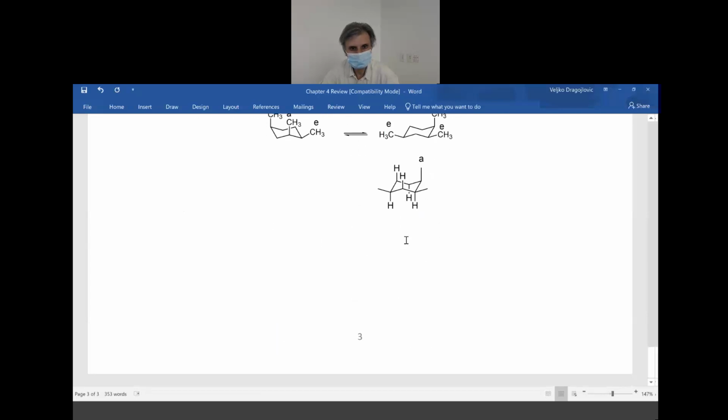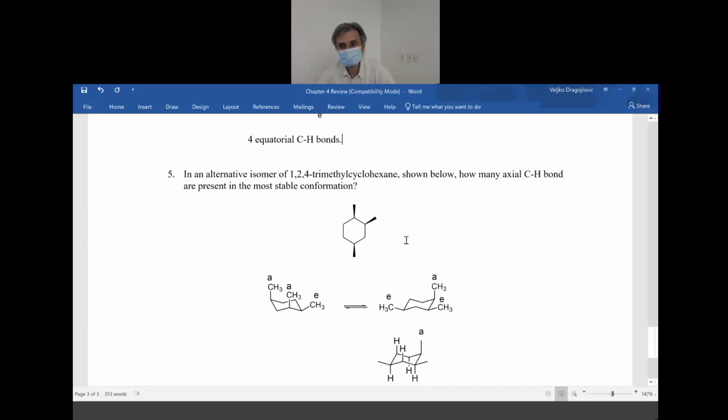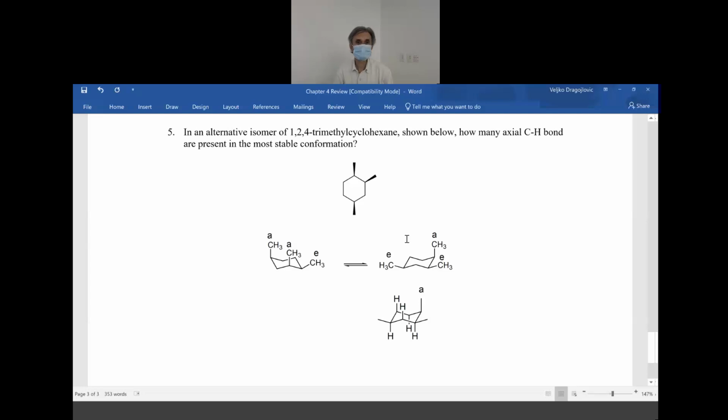Let me see here. And then question number 5. In an alternative isomer of 1,2,4-trimethyl cyclohexane shown below, how many axial CH bonds are present in the most stable conformation? So here you're asked about axial bonds, not equatorial, but axial. So again, you're given a conformation, and again, you look from the top so that you match with this formula.